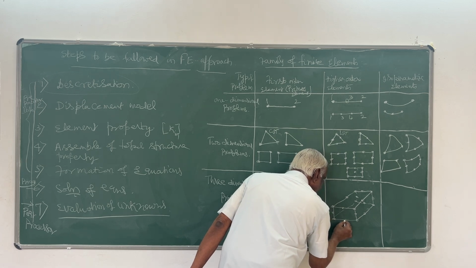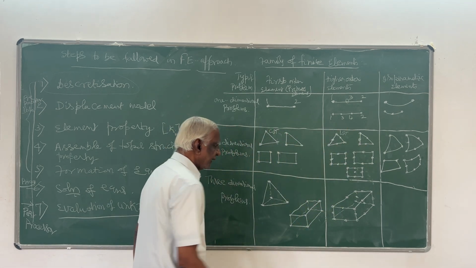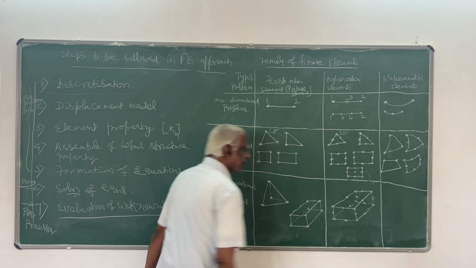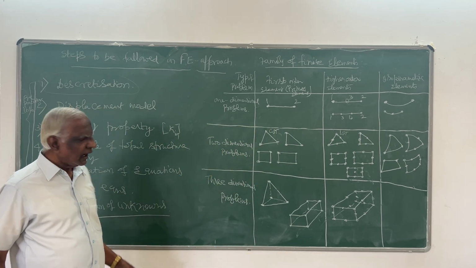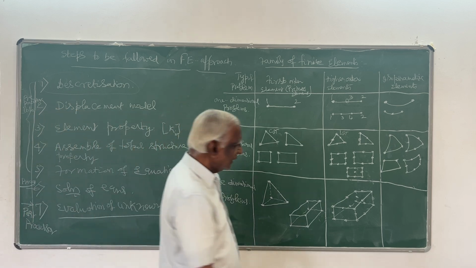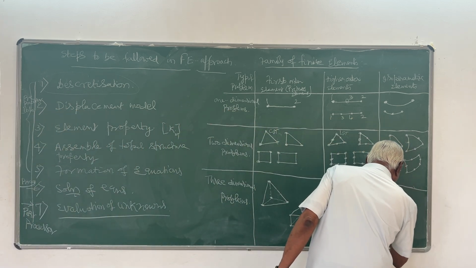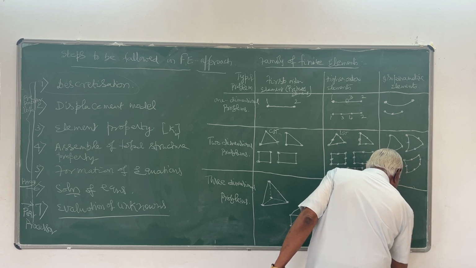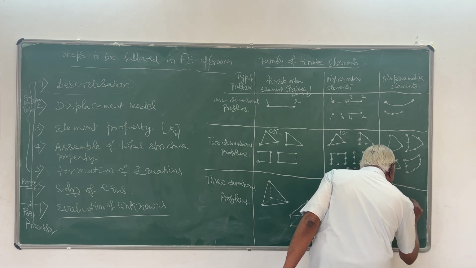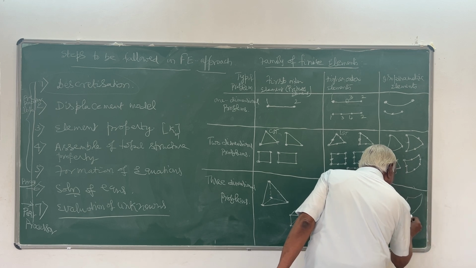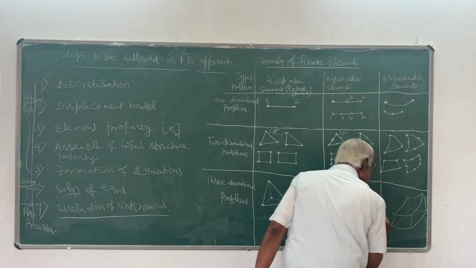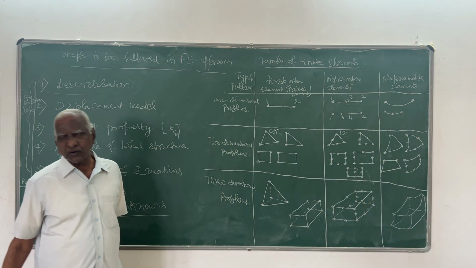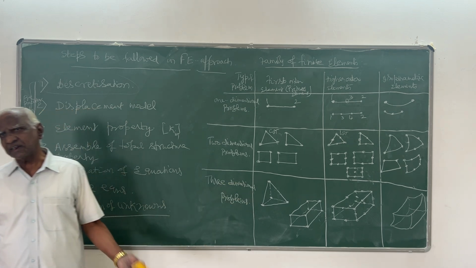So it is a 20-noded brick or parallelepiped element. It is a higher order. And of course, the isoparametric variety is the curved one. Either it may be 8-noded or it may be 20-noded.